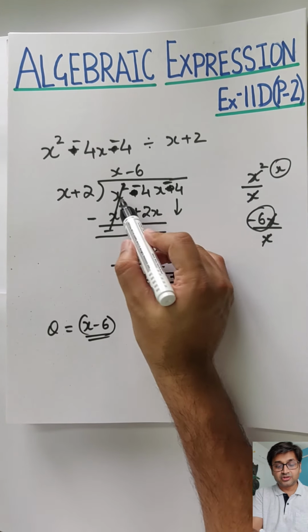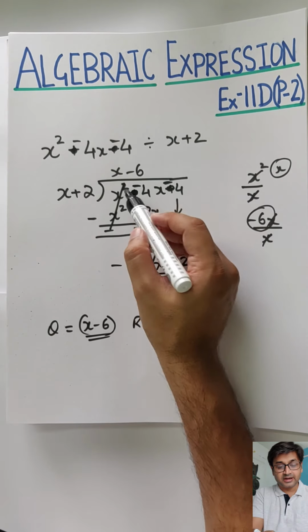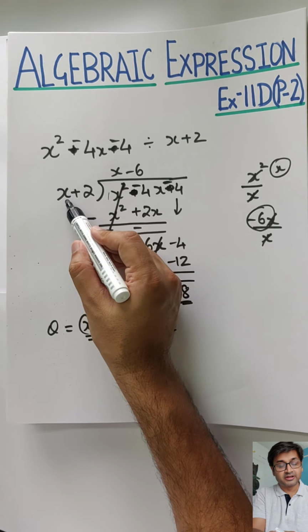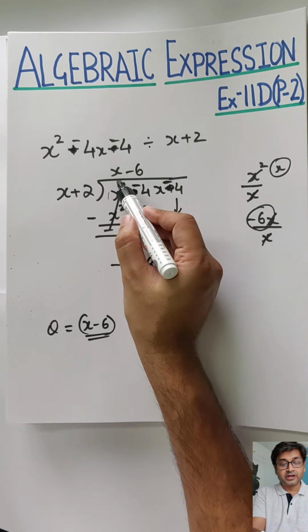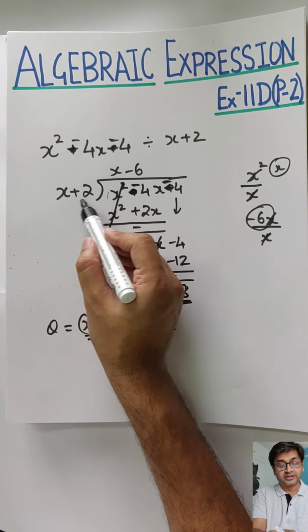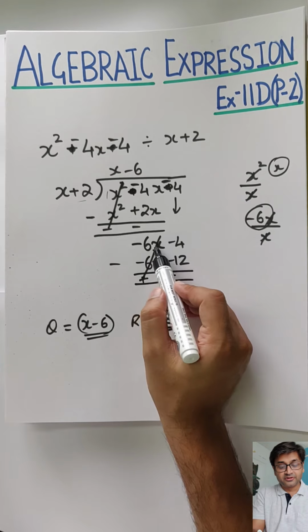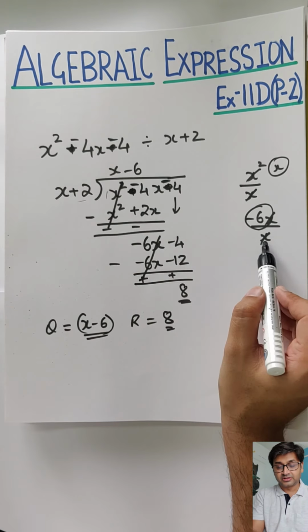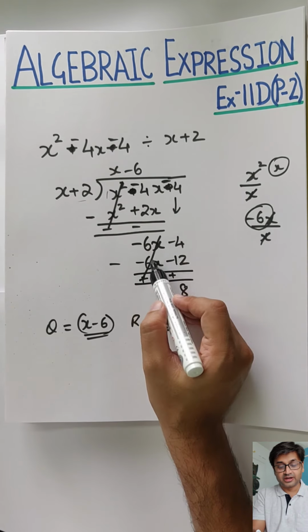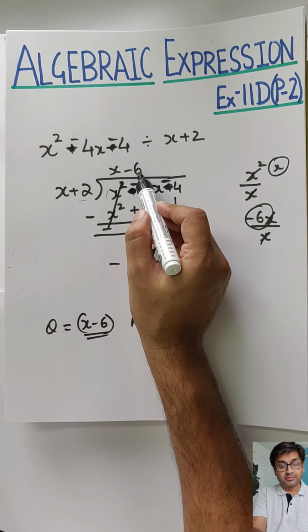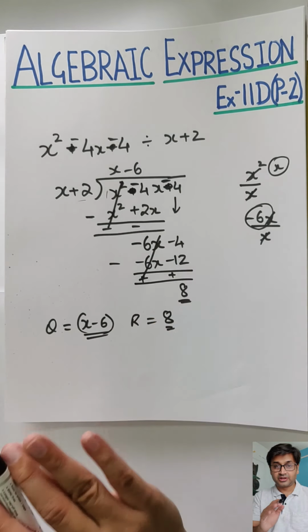Basically what we have done is, once you've written that, take the first term, divide by the first term. Whatever you get, you write as a quotient and then multiply this with both. Bring it down, again take the first term, divided by the first term, cancel it, whatever you get you write, and then multiply this again by both the terms. Are you getting it?